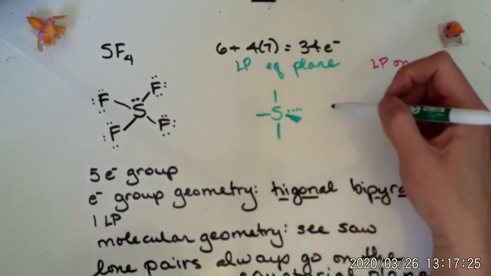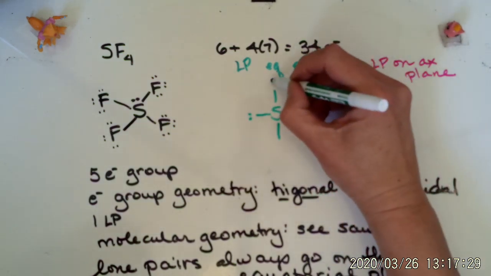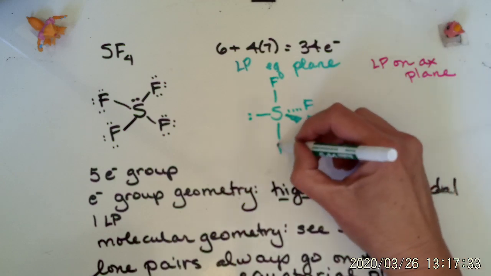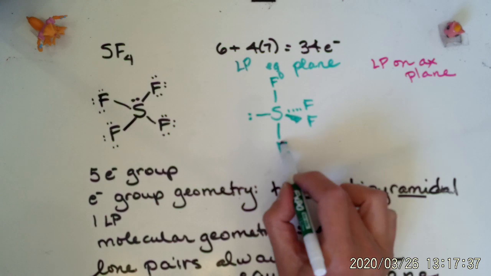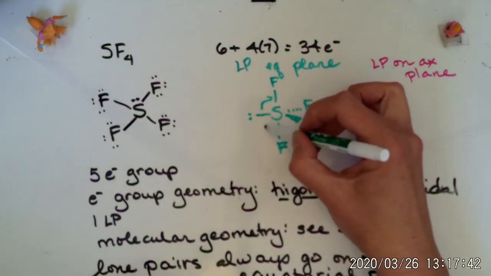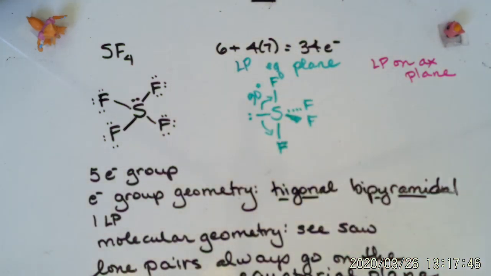If I put my lone pair on the equatorial plane, and my fluorines here, here, here, here, I have 2 90-degree interactions. So it's going to push against 2.